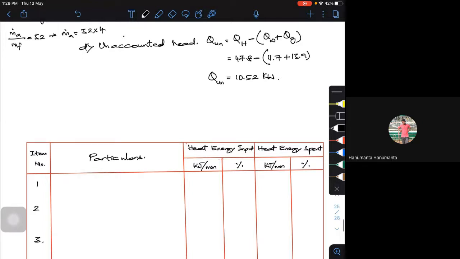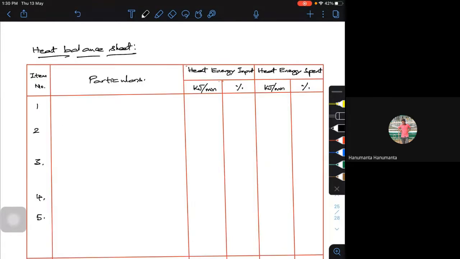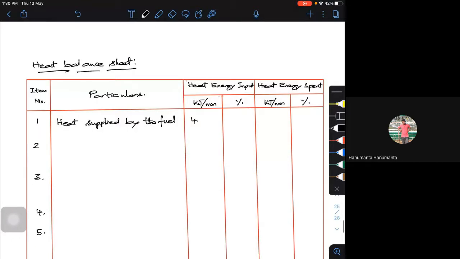This is the heat balance sheet what we have. So we'll put it in particulars. One side we'll have the energy input, the other side the energy expenditure or spent. First thing is heat supplied by the fuel. How much is it? It is 47.8, which is 100%.